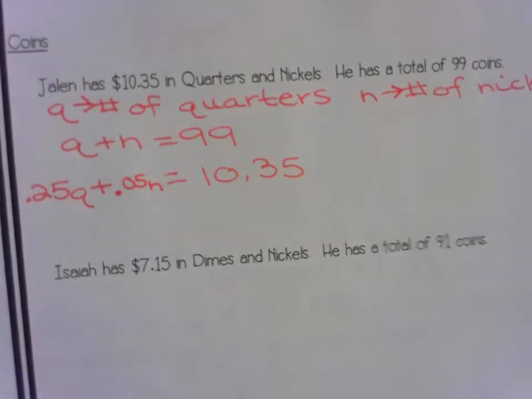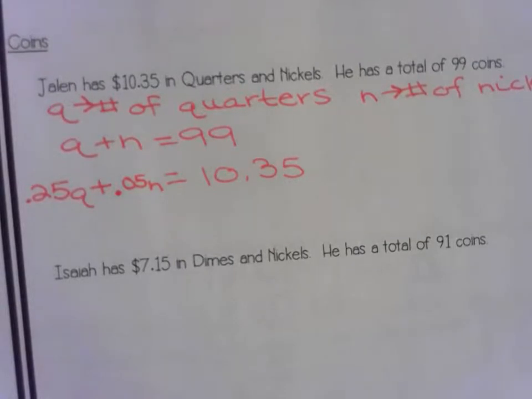Now, if I need to solve this, do I use elimination or substitution? Elimination, because my equations are in standard form. You could use substitution, but elimination will be a little easier. If I want to use elimination, what do I need in order to eliminate a variable?